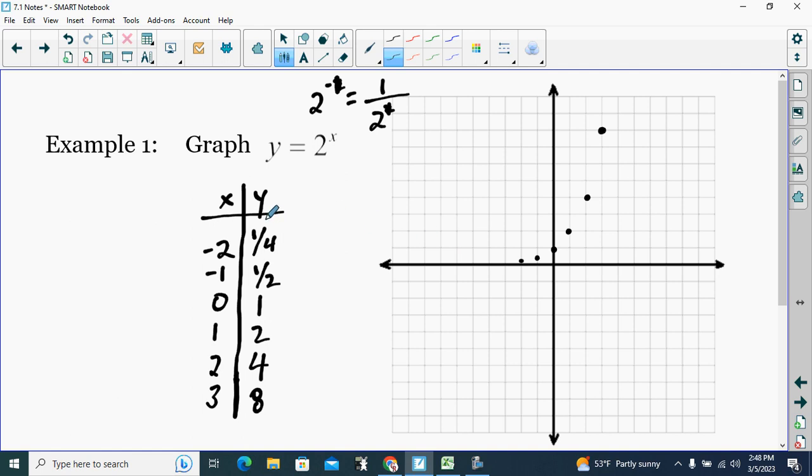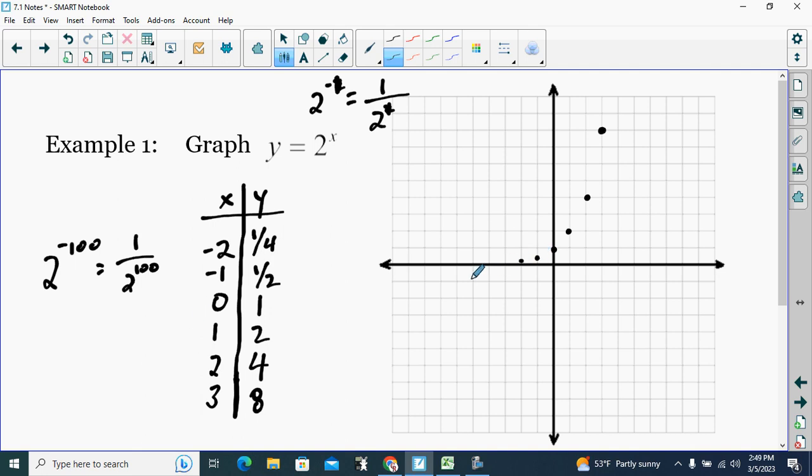Also, think about, is there anything that would give me 0 for y, or a negative number for y? 2 to what exponent gives me negative? Well, there's not one. 0 gives me 1. Negative numbers still give me positive because you just move them down to the bottom. Even 2 to the -100 is 1 over 2 to the 100. It's still a positive number.